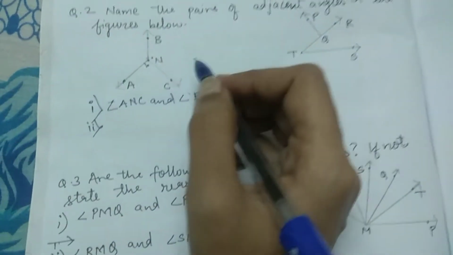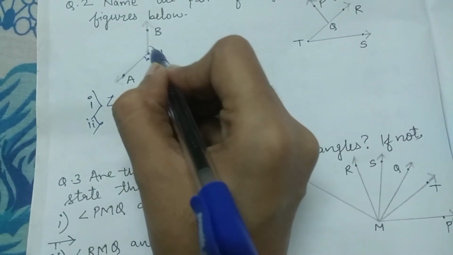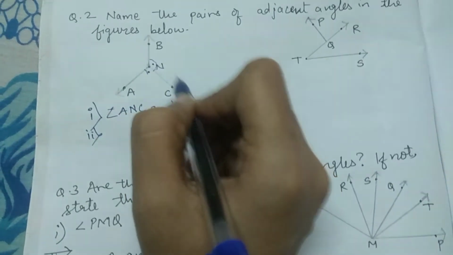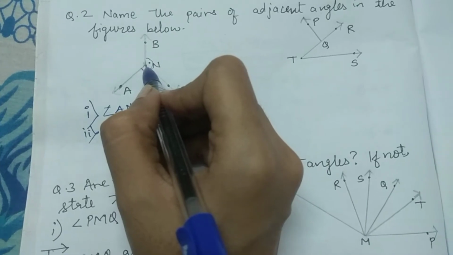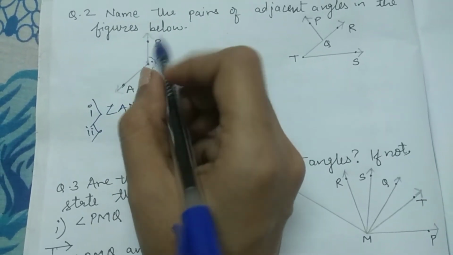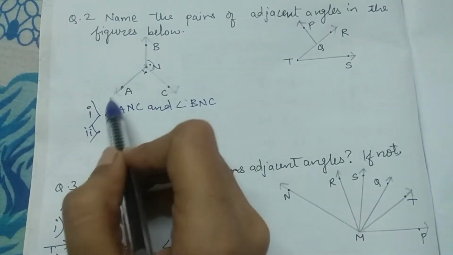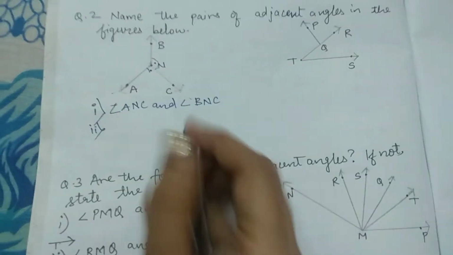Next there is another pair, B and C, this angle, and B and A. Again N is the common vertex, NB is the common arm, NC and NA are the arms on the opposite sides.